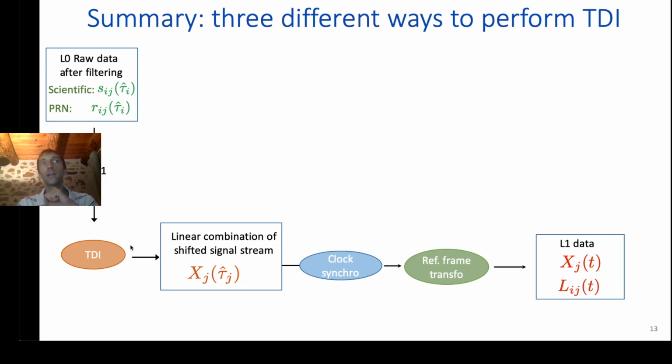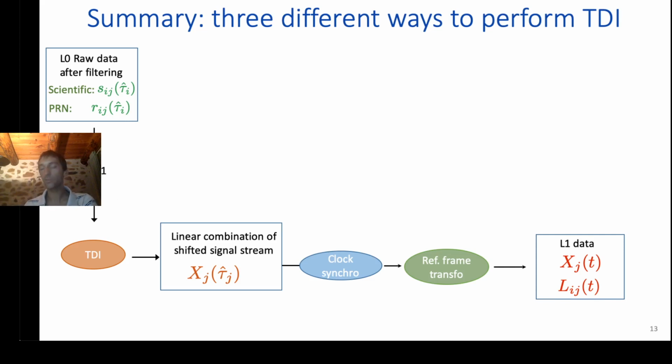You perform the TDI algorithm first, you get to these quantities that are still time-tagged with the local USO time, and then you still need to do the clock synchronization and the reference frame transformation to get to the L1 data, which includes the TDI variables expressed in the BCRS and the coordinate time of flight of the photon between the various spacecraft. So that's the first case that I discussed three slides ago.